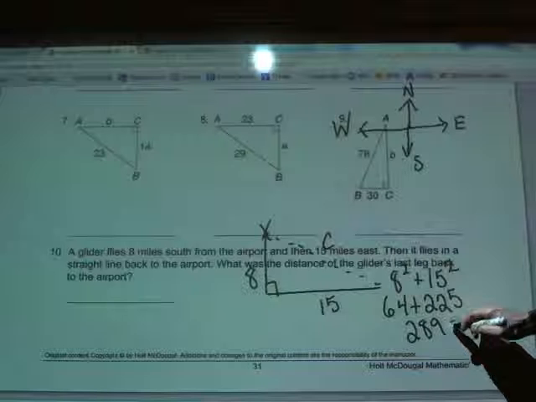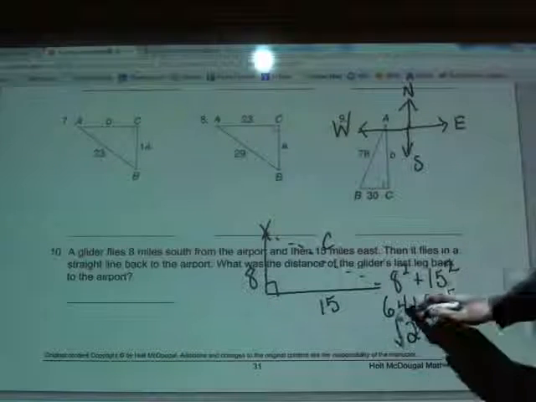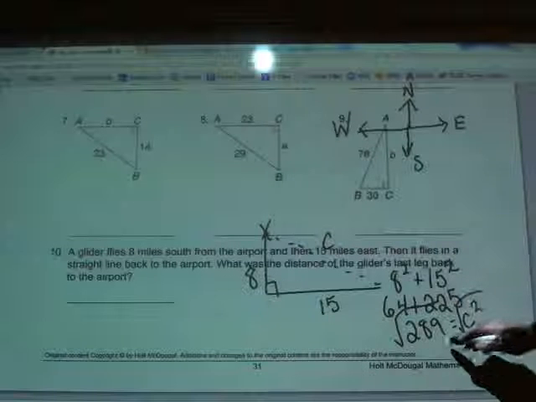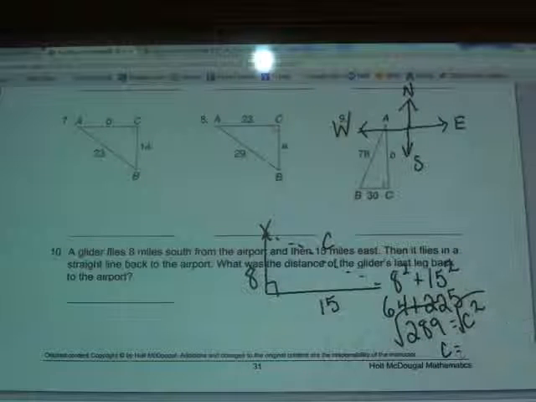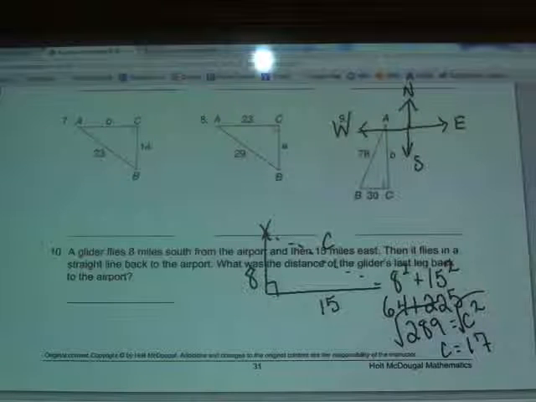Hypotenuse is c in the formula, so that's equivalent to c squared. Well, remember, it's not c squared on the triangle, it's actually just c. So what we want to do to finish here now is take the square root all the way across. When I take the square root of 289, the result is 17. So the glider's distance from where it stops to once it turns back to the airport is a distance of 17 miles.